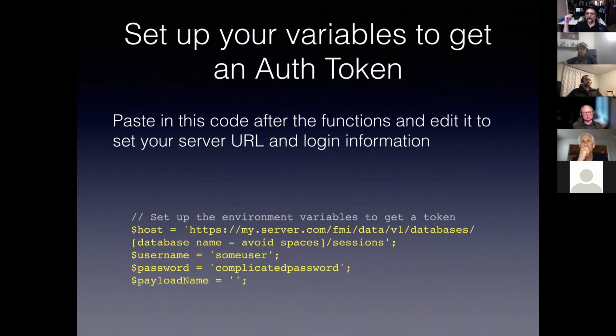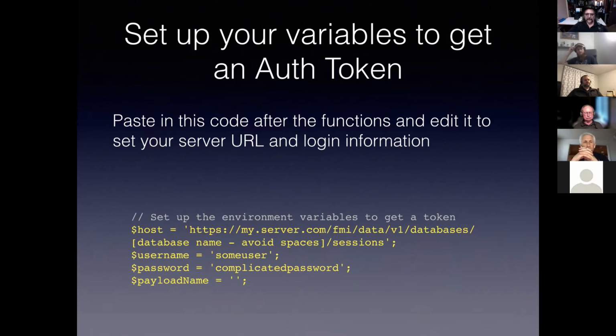So in order to get data, well, we've got to get that auth token first. And part of your code wants to set up those parameters before it calls the function. It needs a host, needs the username and the password, and in this case, the payload's empty. We're not doing a query or anything like that.